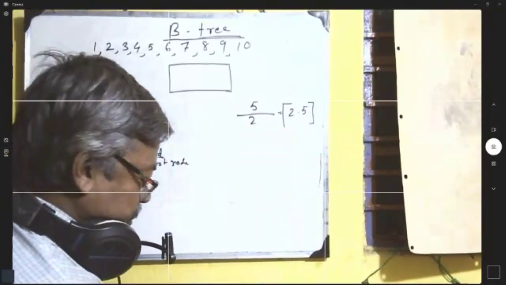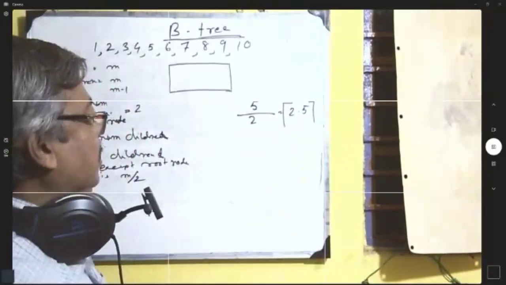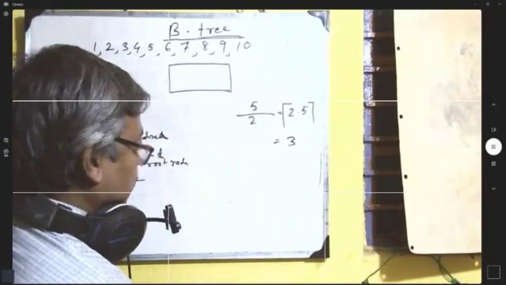So we have to take the ceiling value of 2.5. So this is 3. So minimum children is m by 2. Minimum keys is m by 2 minus 1.